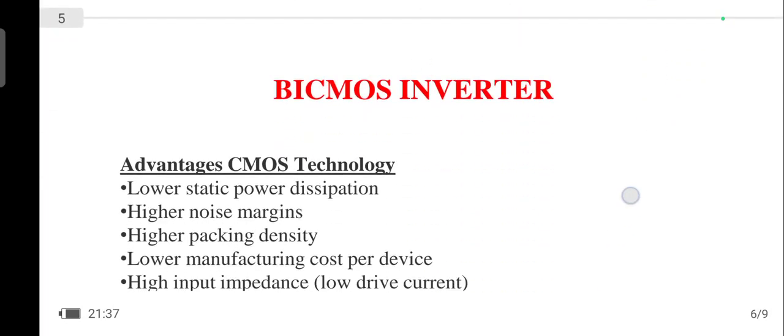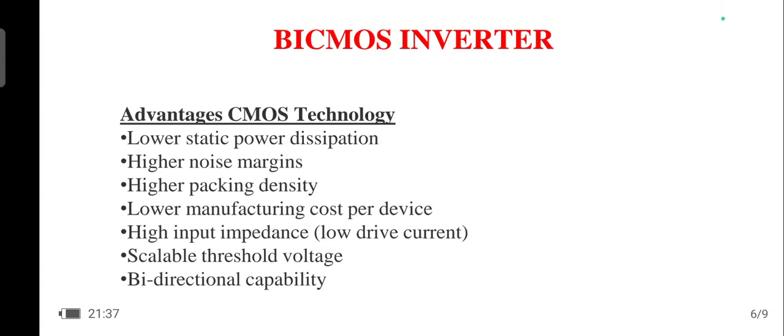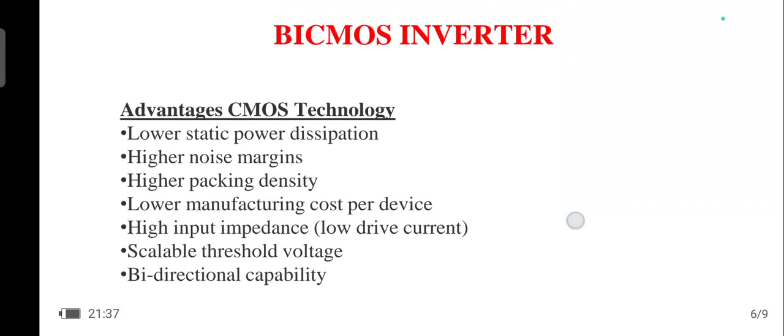Now let us see the advantages of BiCMOS inverter technology. First, the advantages of CMOS technology. CMOS has less static power dissipation, that means they consume power only during switching, and at other times they consume very little power. They have much higher noise margins, so they are less disturbed by noise voltages.